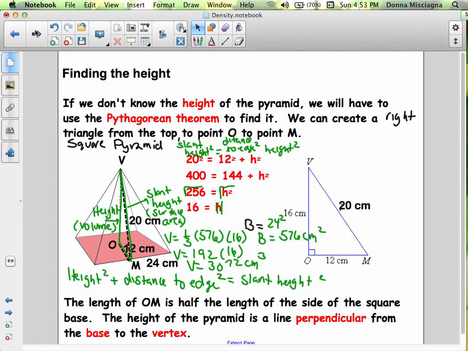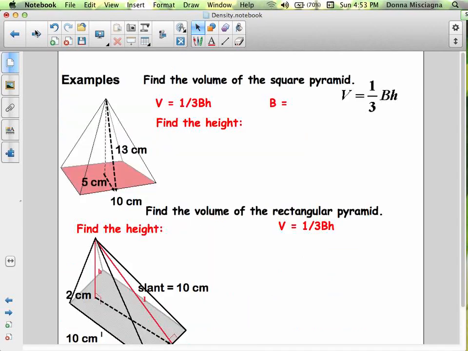We may have to solve for the missing height. Here we want to find the volume of the square pyramid. We're given that the side length is 10 centimeters. That means the distance from the center to the edge is going to be half that because it's a square.